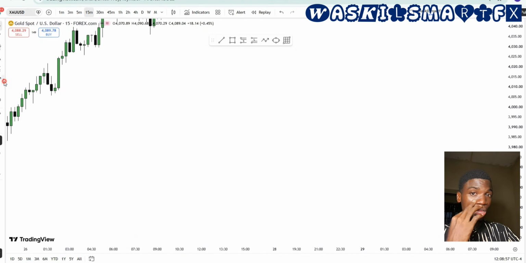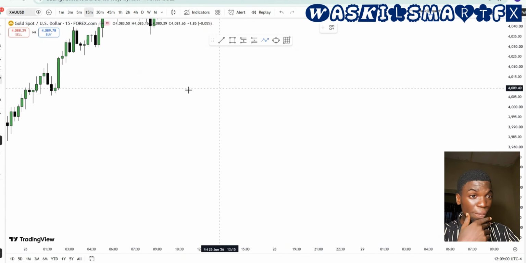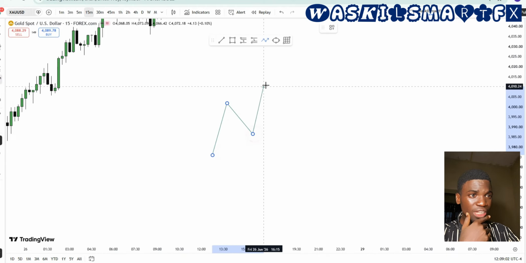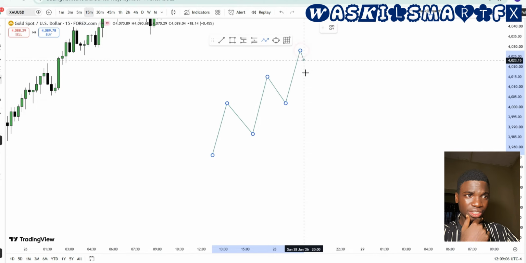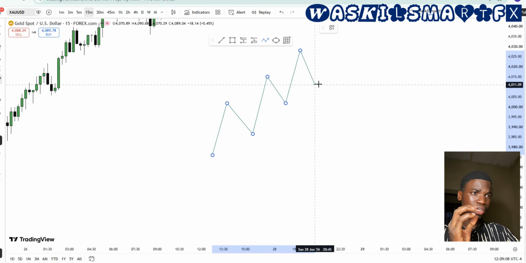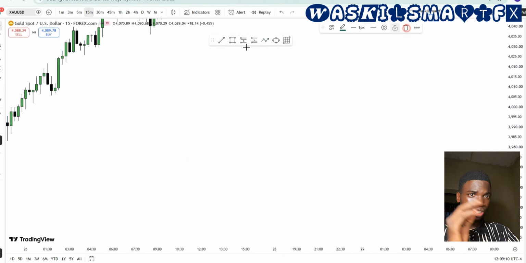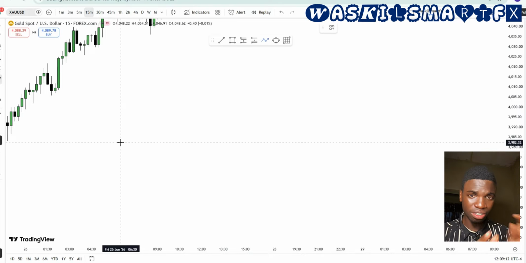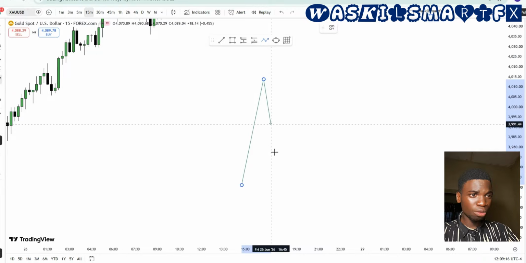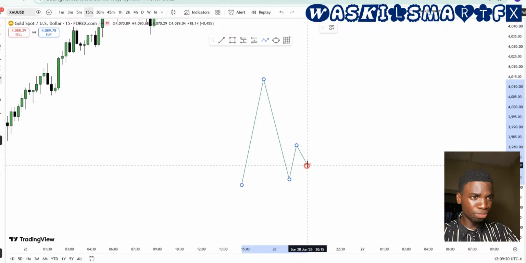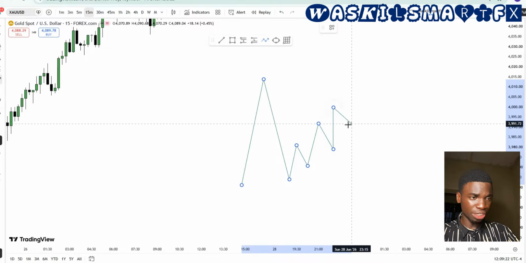Then when it comes to SLP for continuation, that means I'm already in a bullish market, right? Let me draw it and explain it very well, just a very quick explanation. Let's say, for example, we have this high, and the market is in a bullish trend.